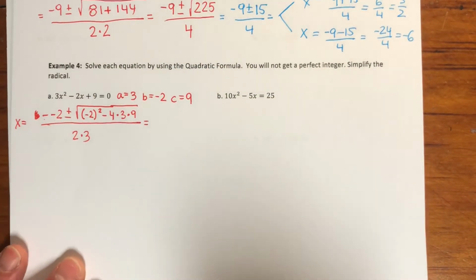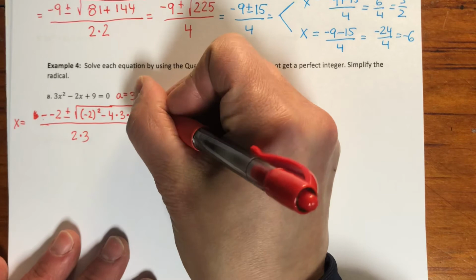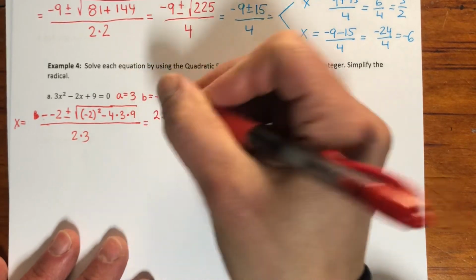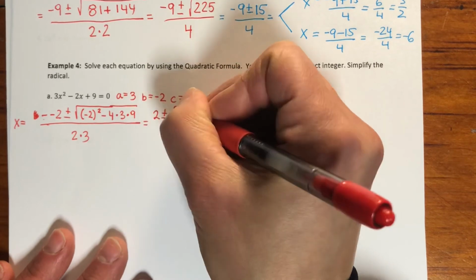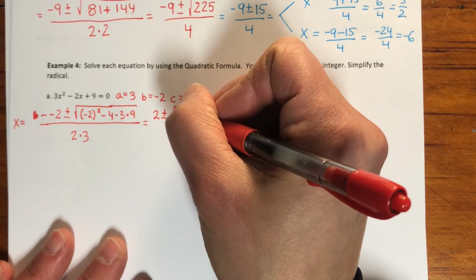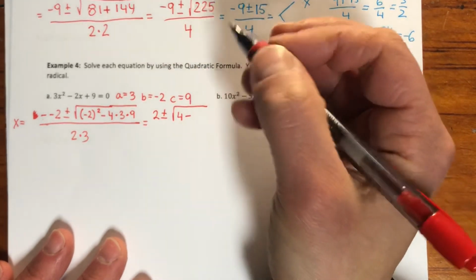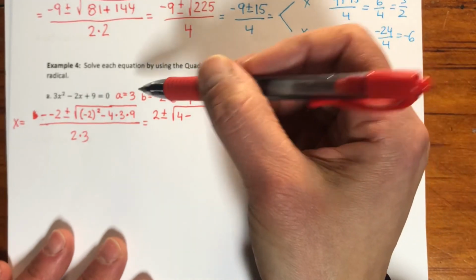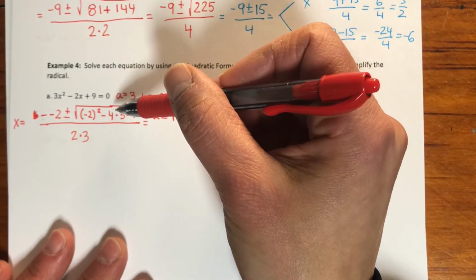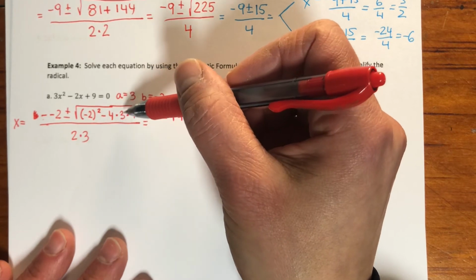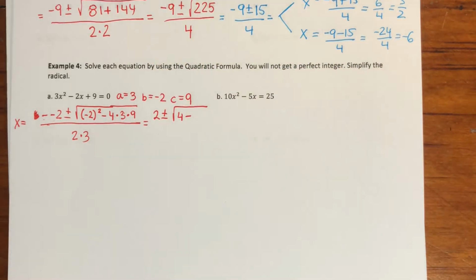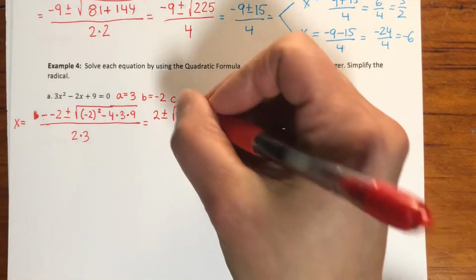All right, let's clean this expression up. Negative gives me positive. Plus minus 4 minus 4 times 3 is 12. 12 times 9 is 108.